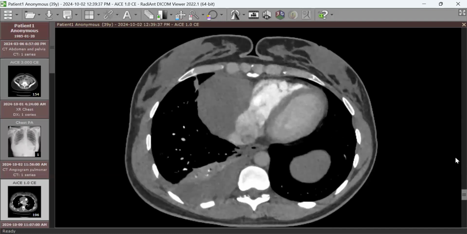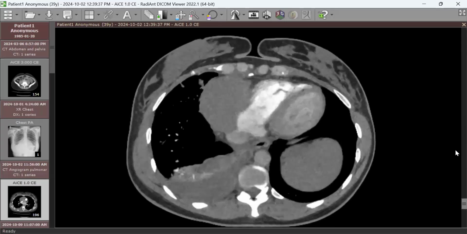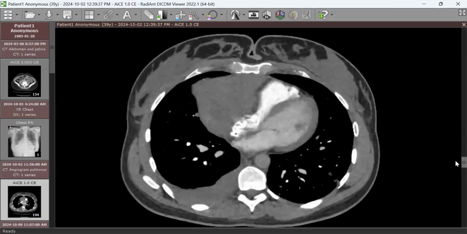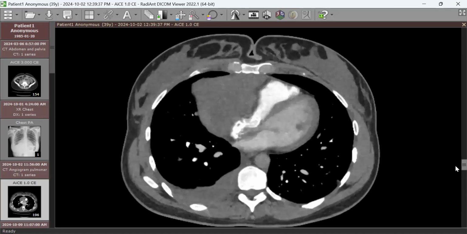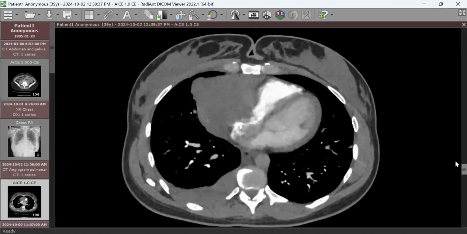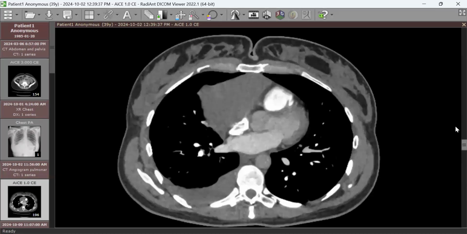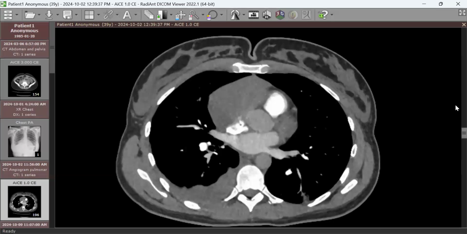No, that doesn't explain it, there is no contrast. So it is like a soft tissue mass lesion. Yes, it's compressing the right heart chambers, ventricle and right atrium, and there's also some compression of the superior vena cava here.